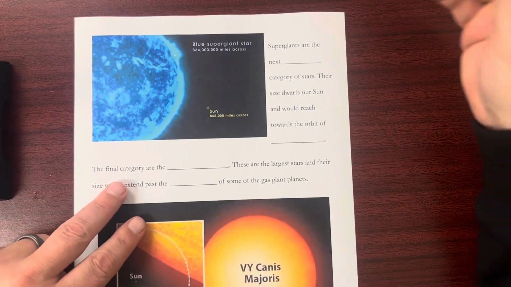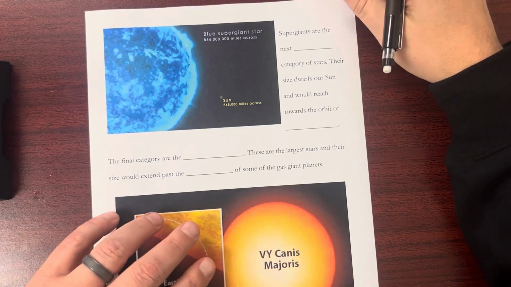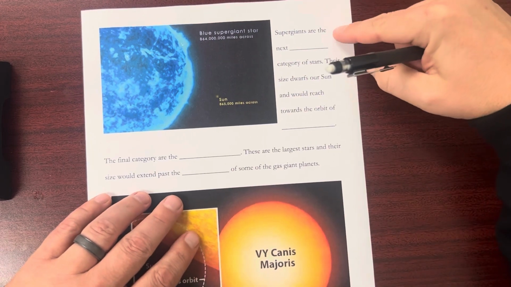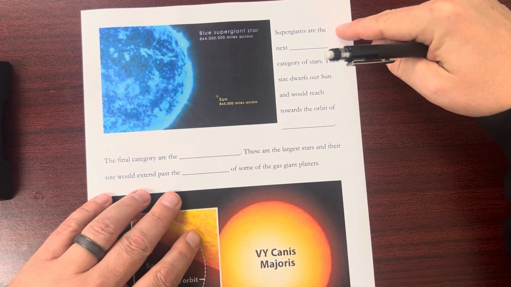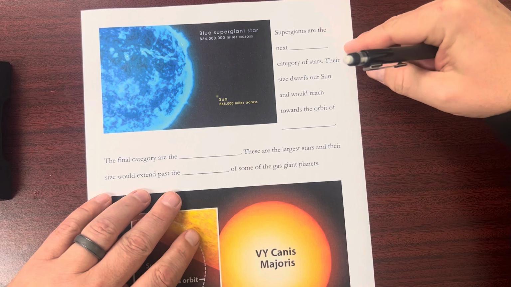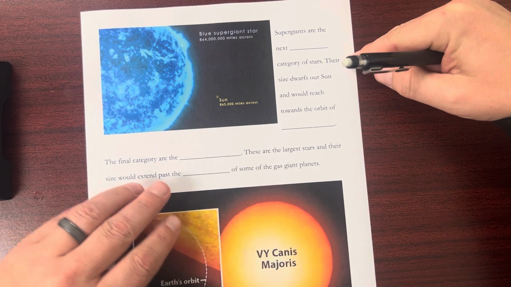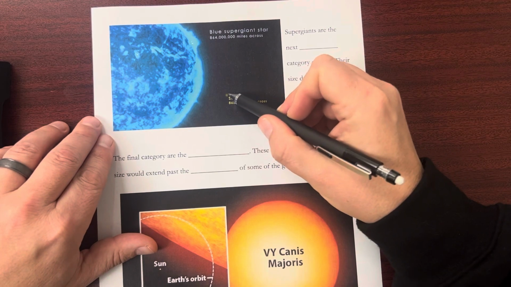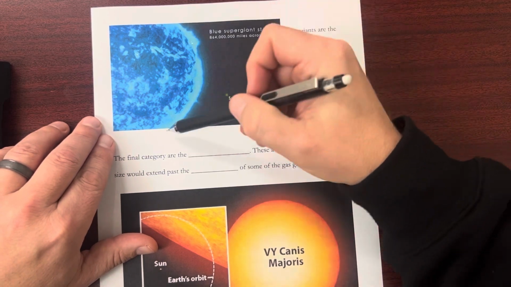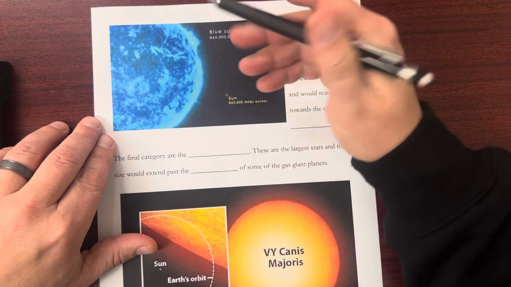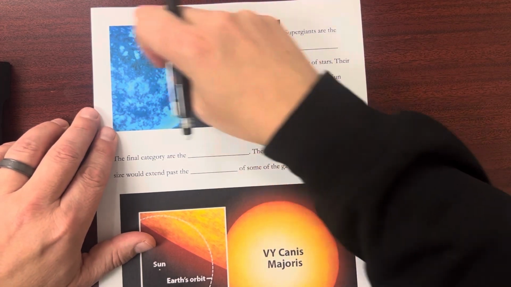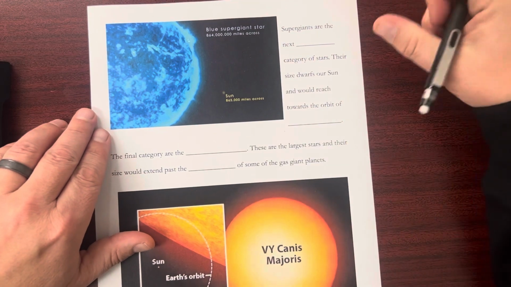All right. So those are the red giants and blue giants. Now let's go a step further. Next are the supergiants. Supergiants are the next larger category of stars. So you can see in this image here, here's the sun, just a little speck. And this is a blue supergiant, another one that would burn itself out within millions of years, but still huge in size.